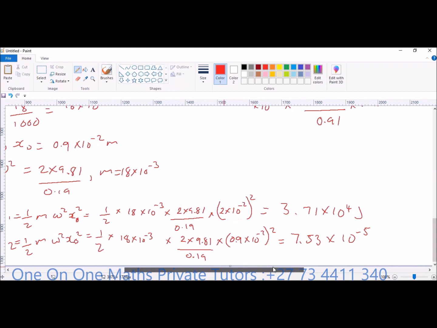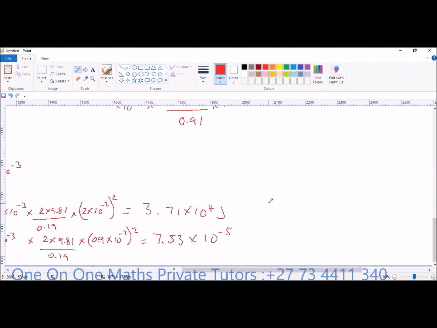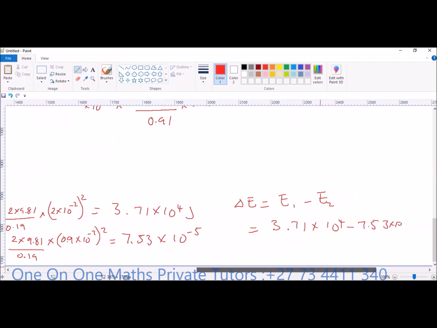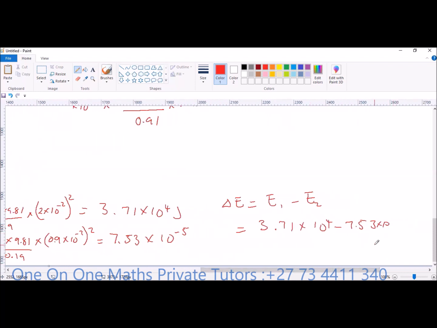Now, change in energy is equal to E1 minus E2, which is 3.71 times 10 to the power minus 4, minus 7.53 times 10 to the power minus 5. What would that give us?